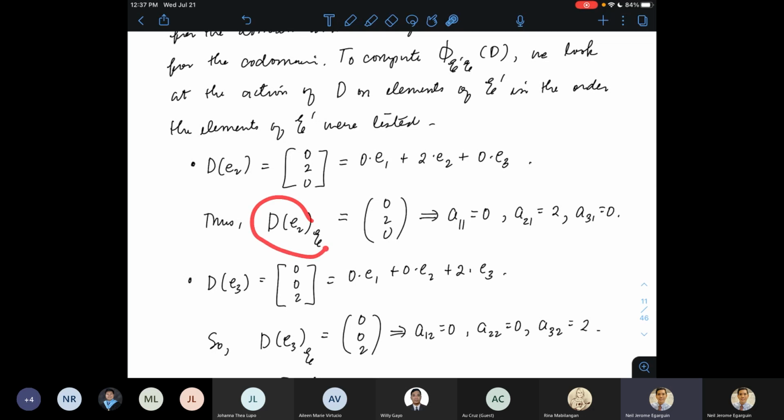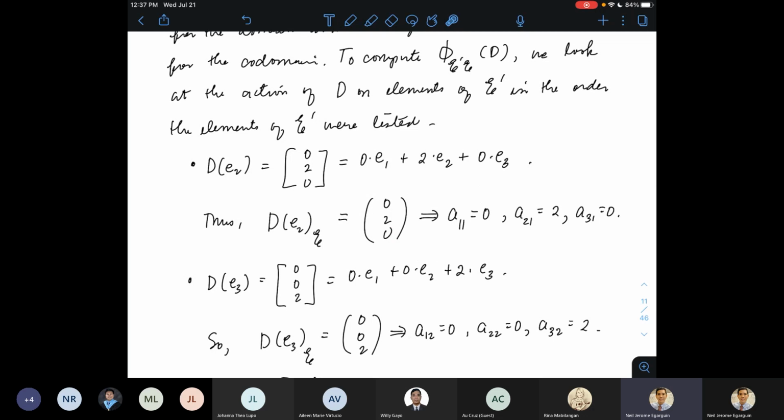So pag kinolek ko yung coordinates ni D of the first basis element ng domain, makukuha ko si 0 2 0, and this will serve as the first column in my matrix representation. So that means A11 is 0, A21 is 2, and A31 is 0.